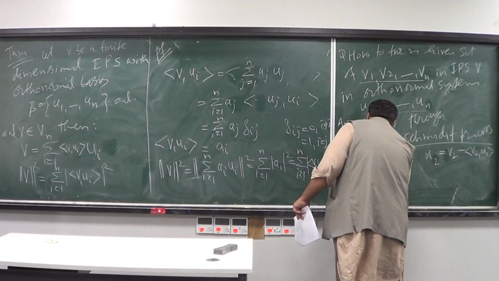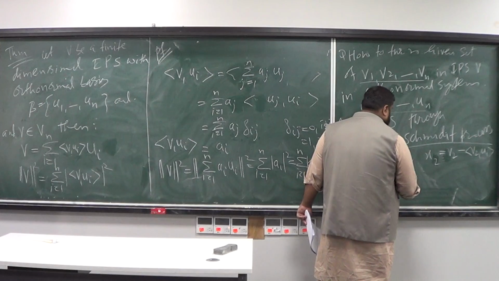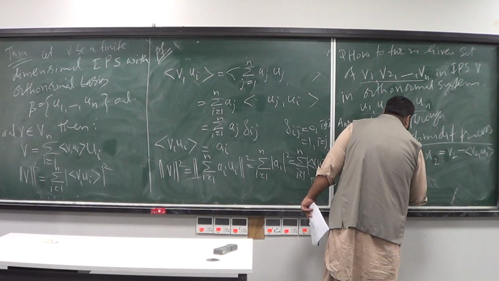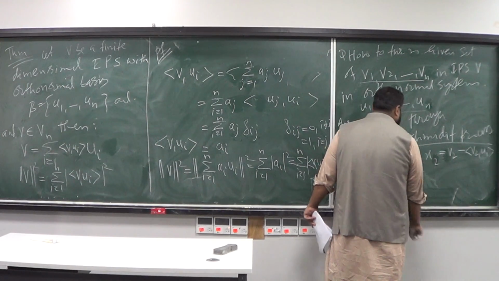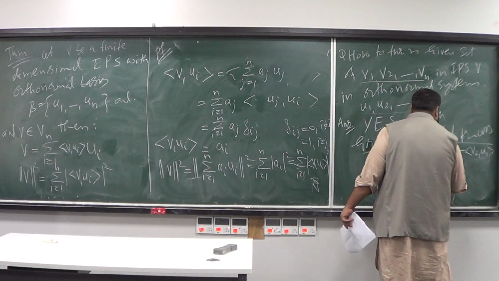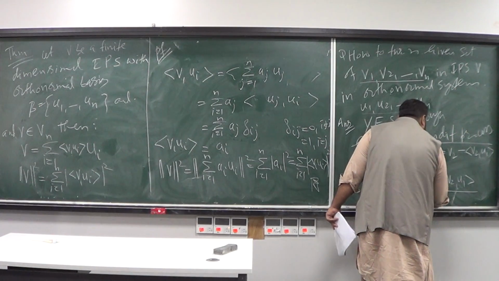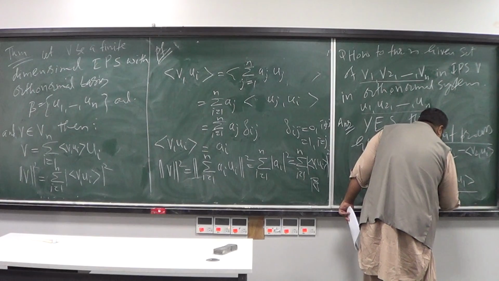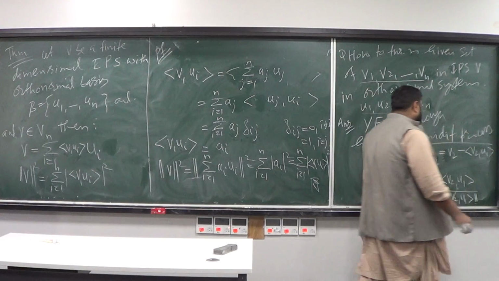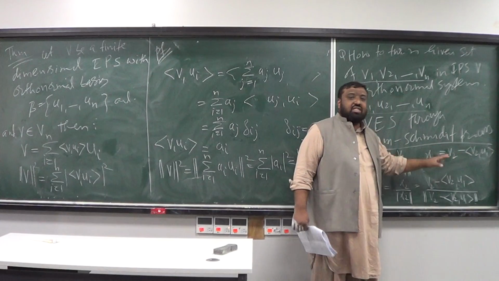Then your u2 vector is going to be the x2 vector divided by the magnitude of x2. In other words, u2 is v2 minus the inner product of v2 with u1, times u1, divided by the magnitude of this vector. Okay? There is a whole explanation of why the algorithm is the way it is.